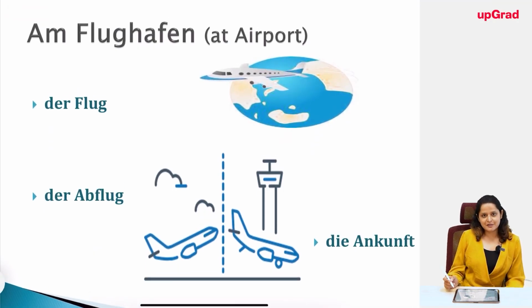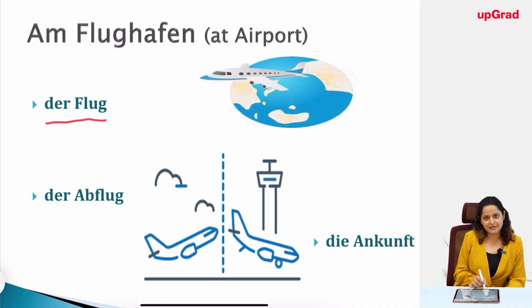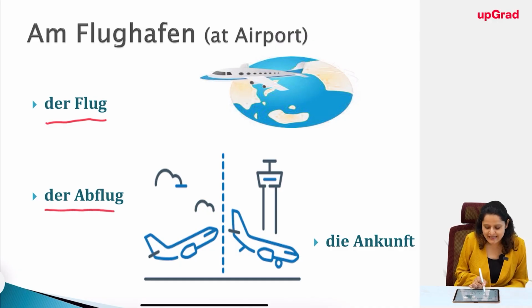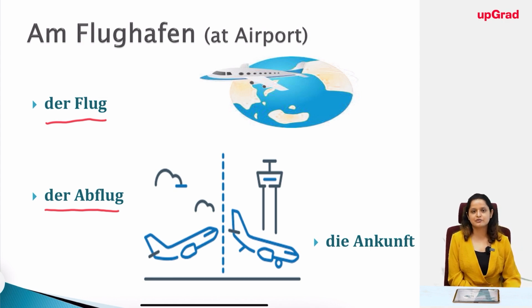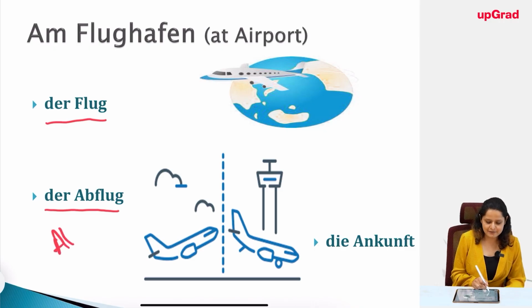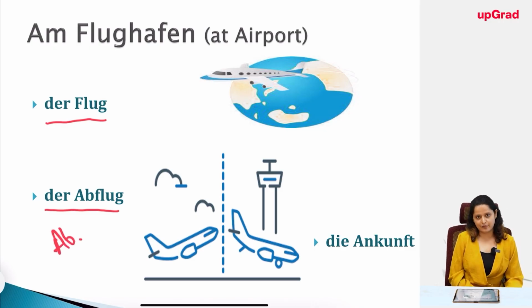The next word that we take here is the word der Flug, which means a flight. So when we talk of flights, we have the word der Abflug, which means departure. So when you are looking at flights departing at an airport, make sure you look for the word Abflug or sometimes only Ab in short form.